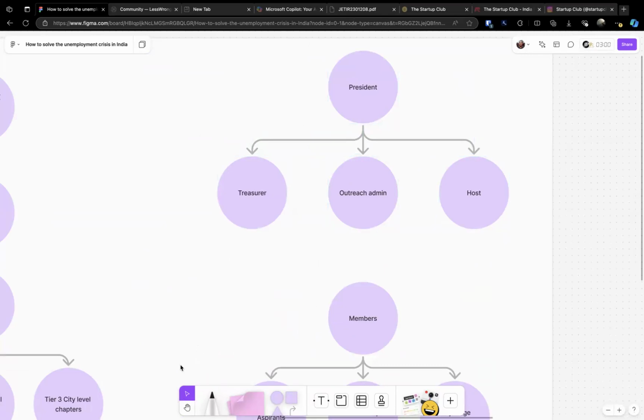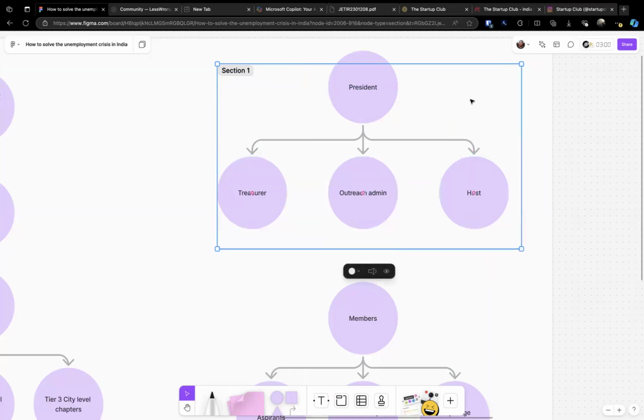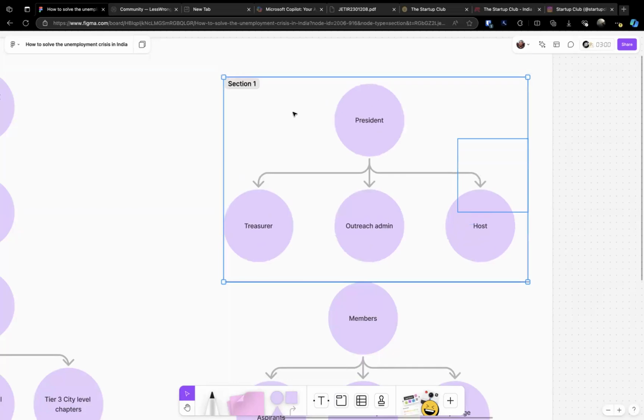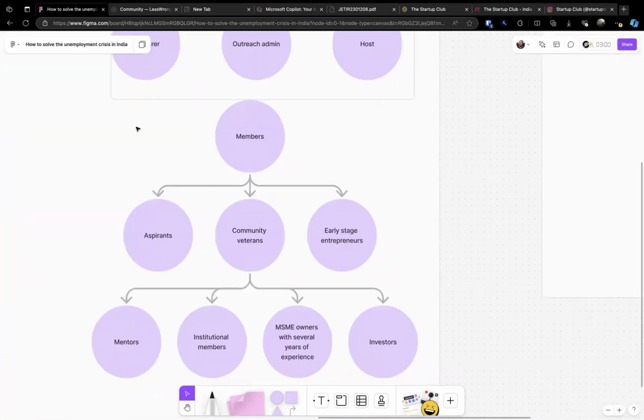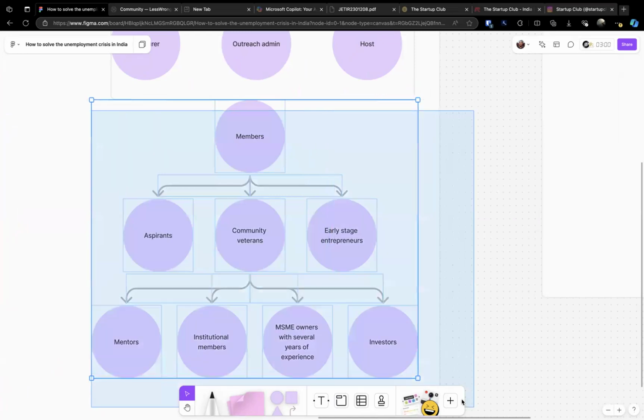And so I would probably put this as the core. So this is something that I would call the... and then this is the community members.